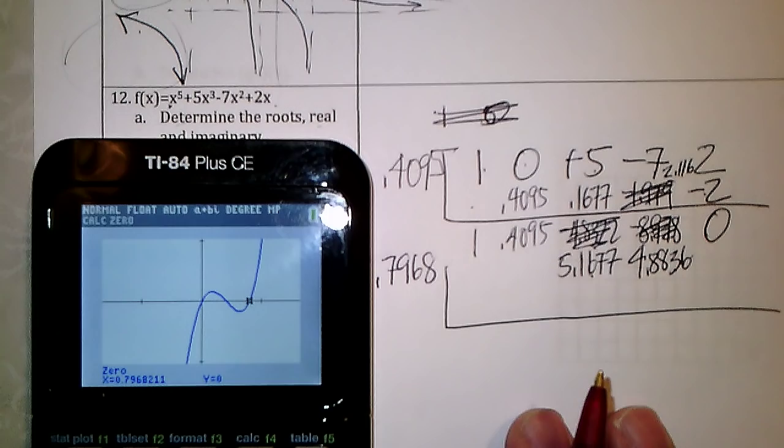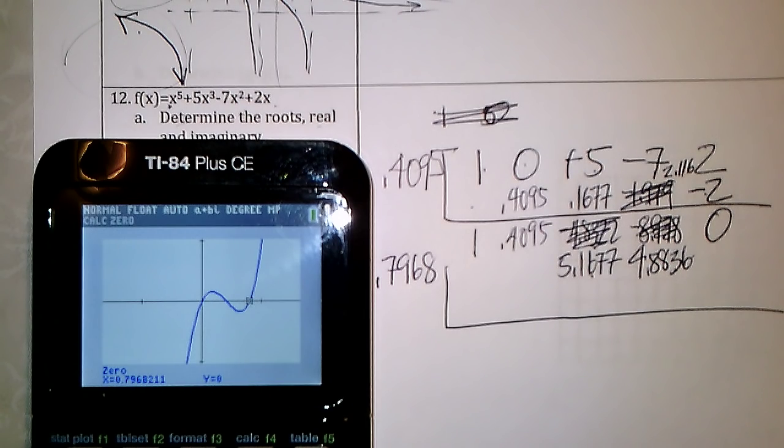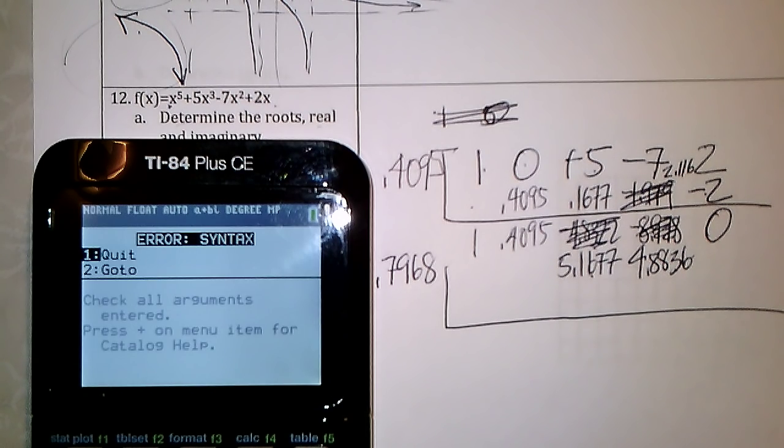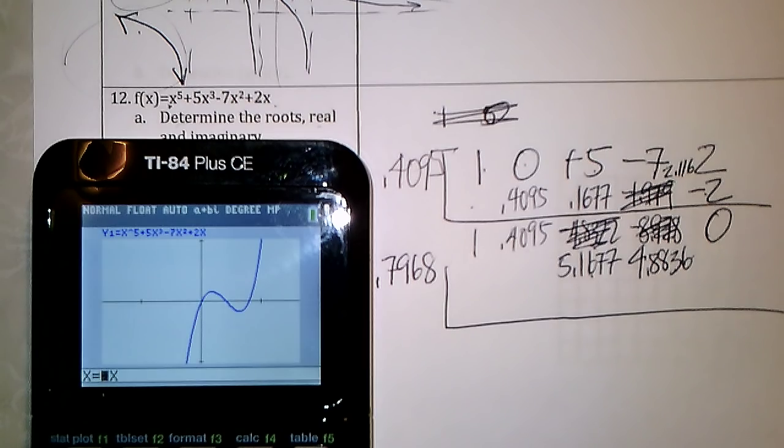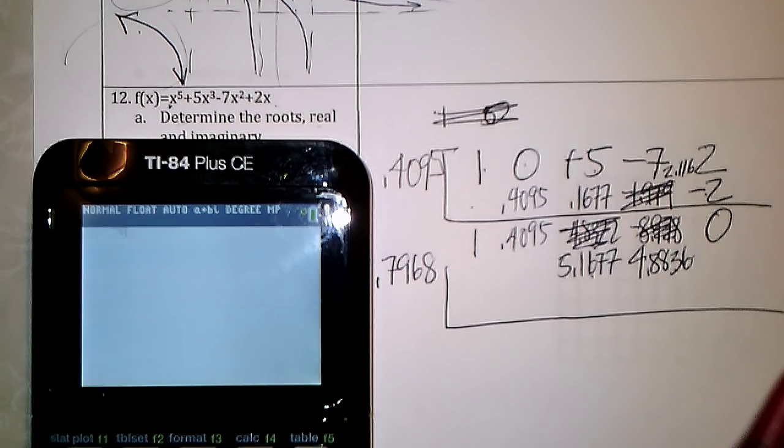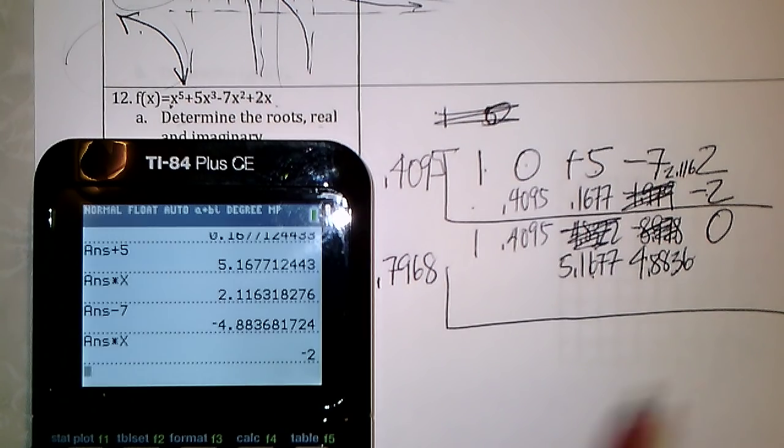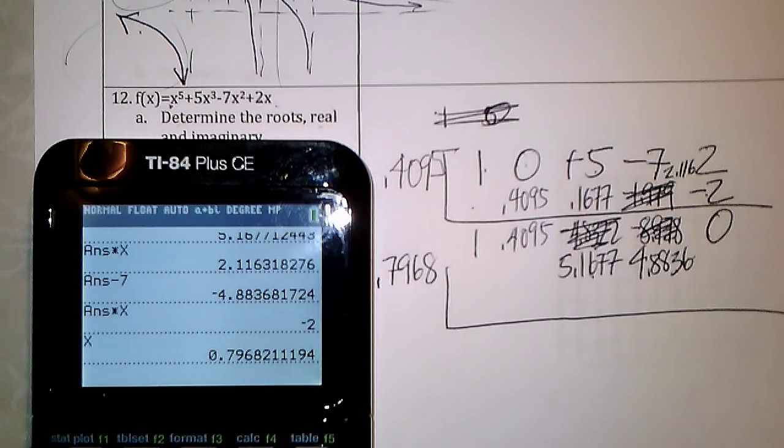So I'm going to store that into x. Oh, no, I didn't want to do it here. So is x right? Yes. Store in x. That is an x. Okay, but I'm going to keep it in x.